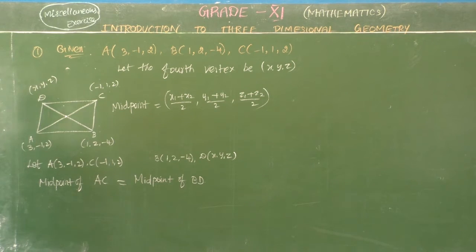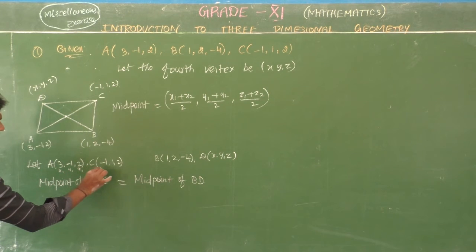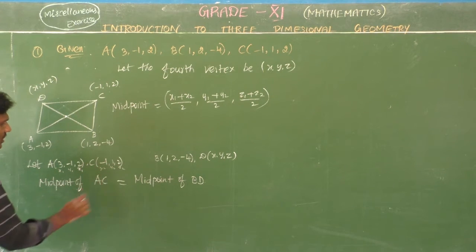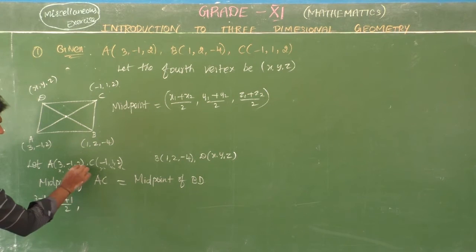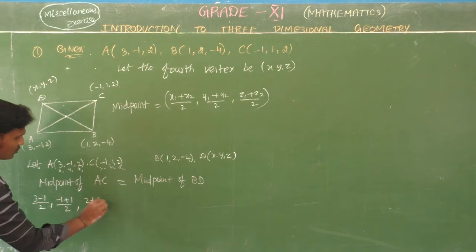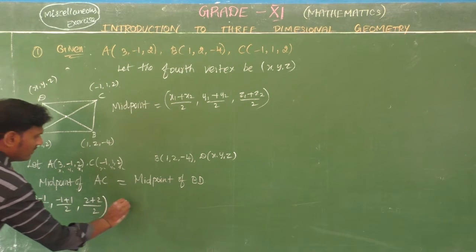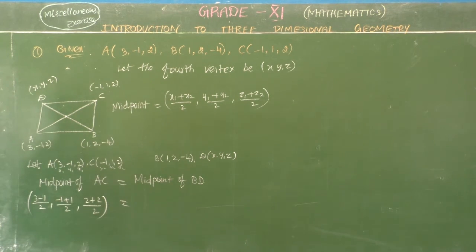Now you have the formula (x1 + x2)/2, with x1, y1, z1 and x2, y2, z2. So (x1 + x2)/2 means (3 - 1)/2, comma, (y1 + y2)/2 means (-1 + 1)/2, comma, (z1 + z2)/2 means (2 + 2)/2, which is equal to the midpoint of BD.